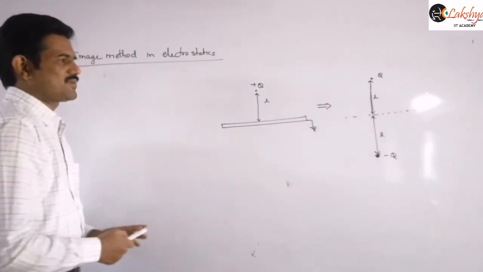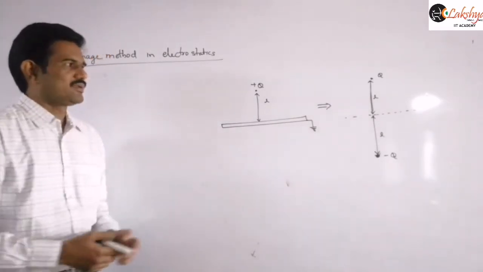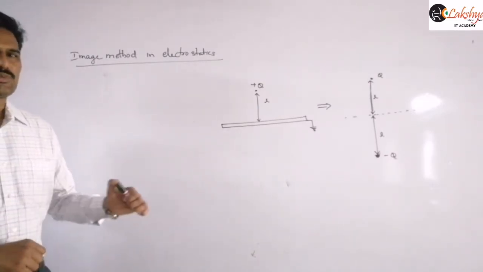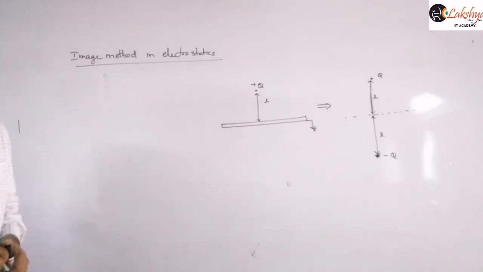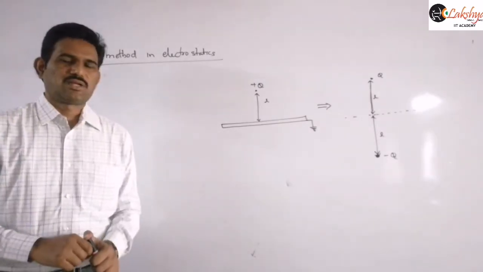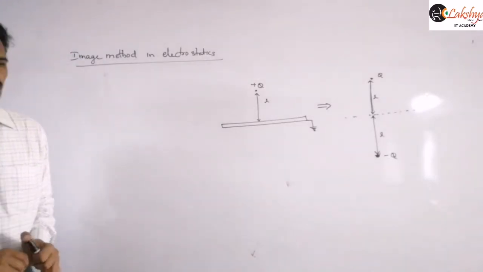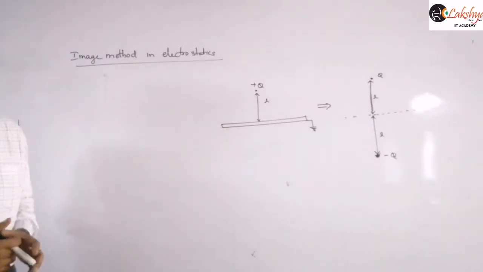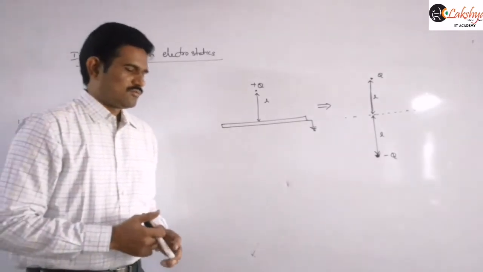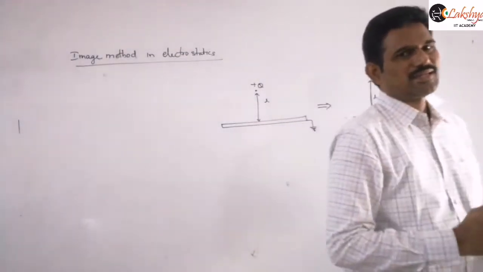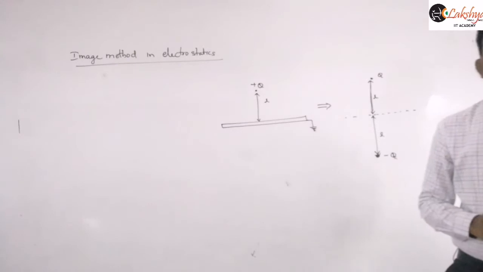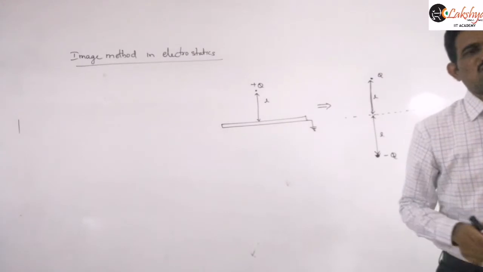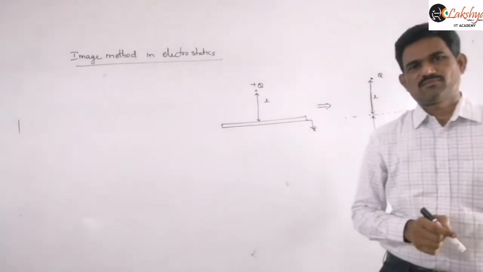A point charge q is placed at a distance L from a large conducting plate which is grounded. Then find the force acting on the point charge. That is the first question.